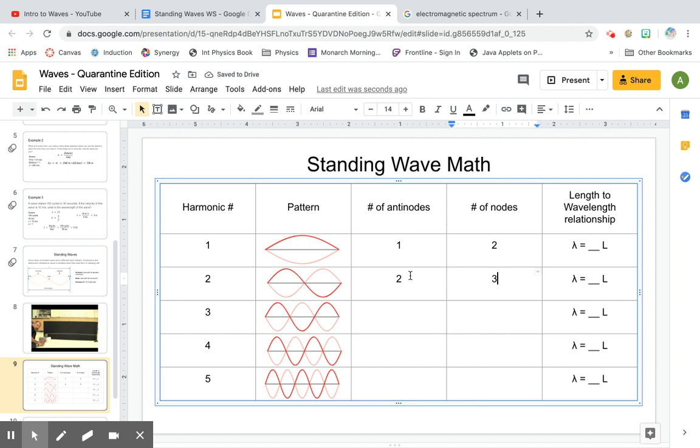You probably kind of see a pattern here, but I am going to go here before we do anything else. Okay, so what we're doing here is I want to see how many of the lengths of string, this is what I mean, this is the length right here, this is the length right here, how many of those do I need to make a complete wavelength? Now here, do you see how I only have half a wavelength here?